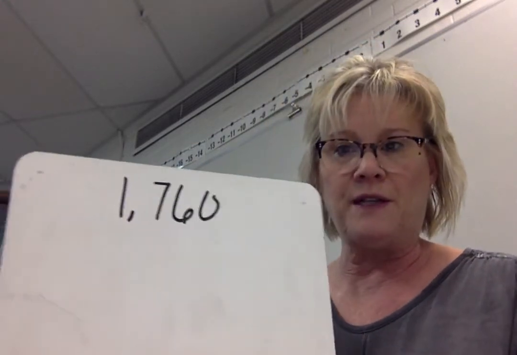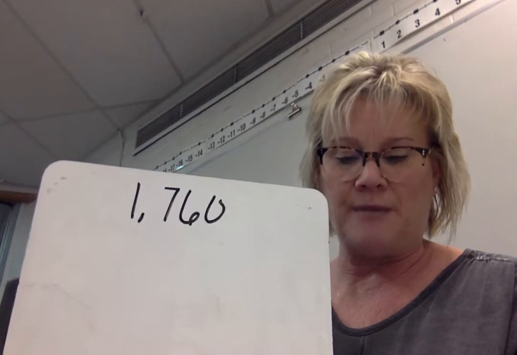Now, numbers between 1,000 and 9,999, you can write that with a comma or without a comma. Numbers greater than 9,999 must always be written with a comma. Now I'm going to write a different number. $1,760.